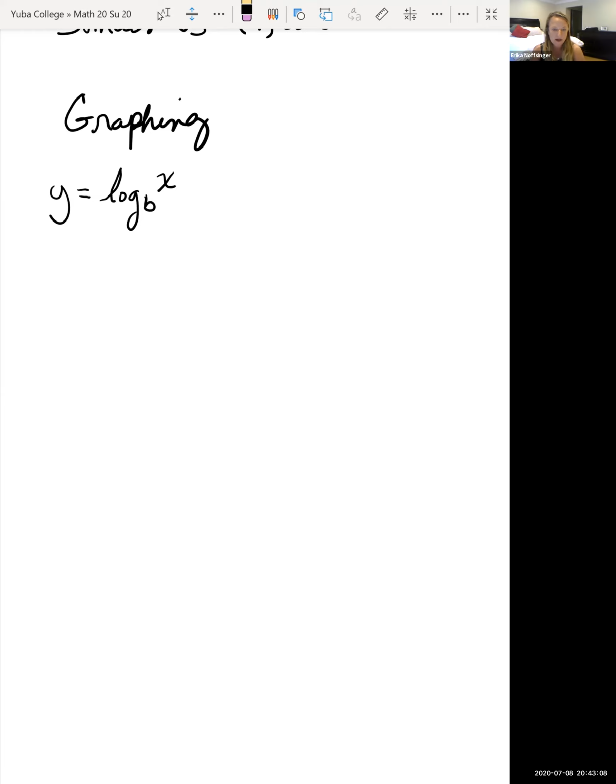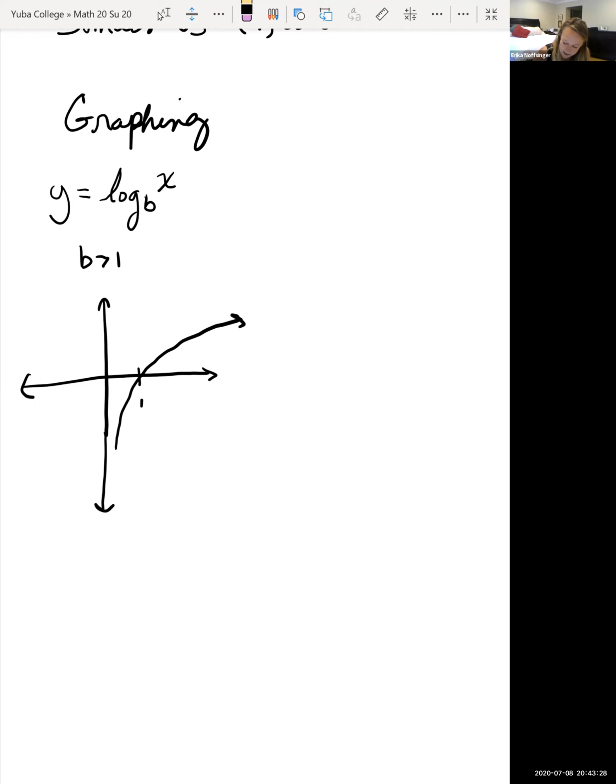If you have y equals log base b of x, where b is greater than 1, you'll get the following shape for your graph. You end up having a vertical asymptote instead of a horizontal asymptote, so we have a vertical asymptote at x equals 0.